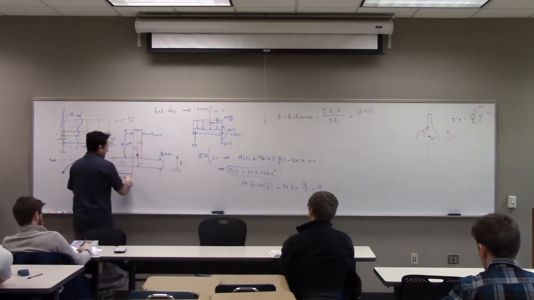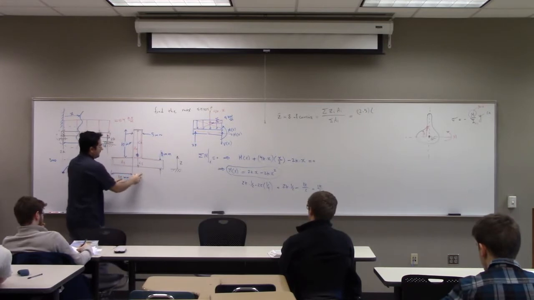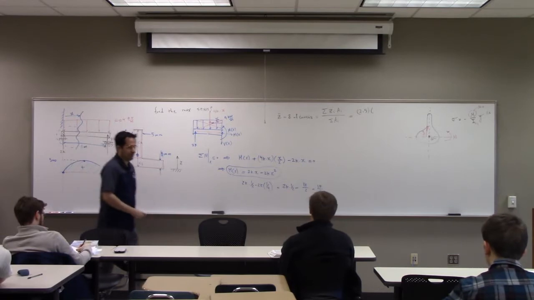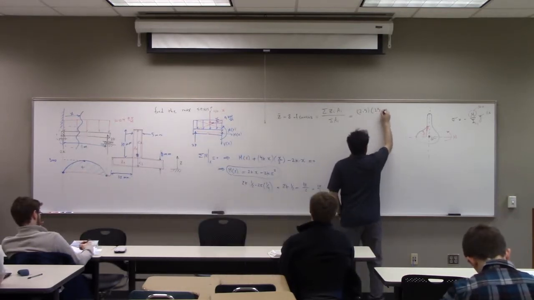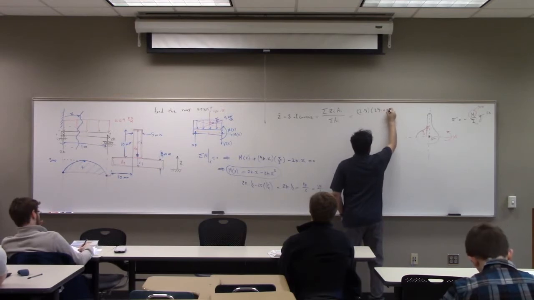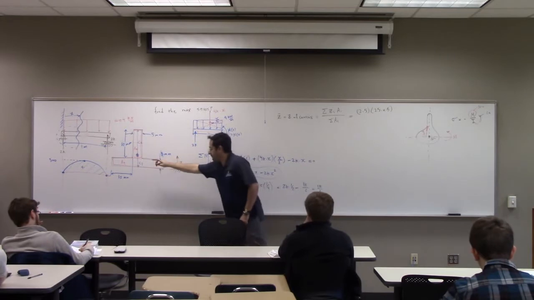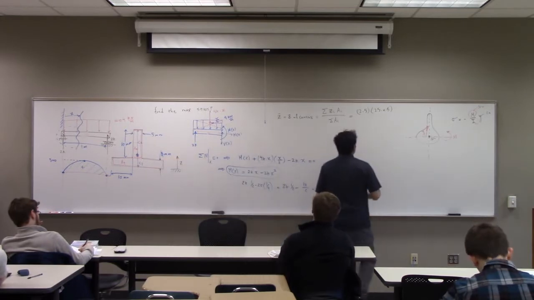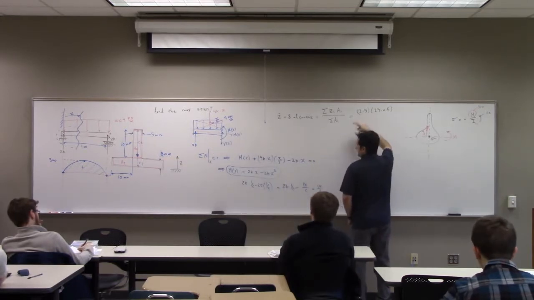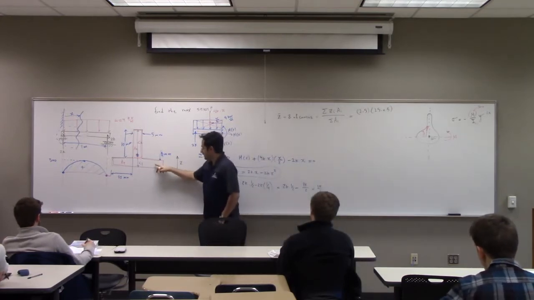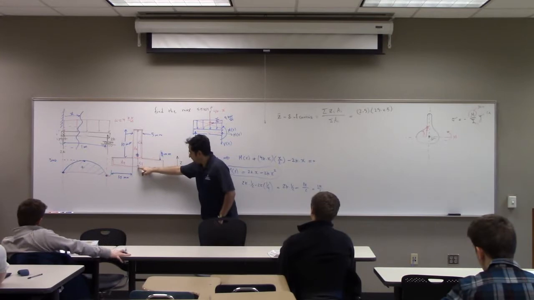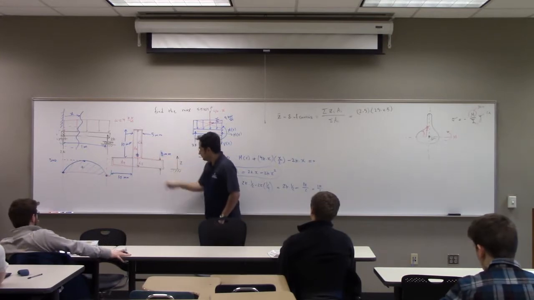From here to here is 10 plus 5 plus another 10 here, so it's 25 times 5. You see, it's the area times the distance from the bottom. This is the reference for distance, so the centroid of that with respect to the bottom is half of 5, which is 2.5.